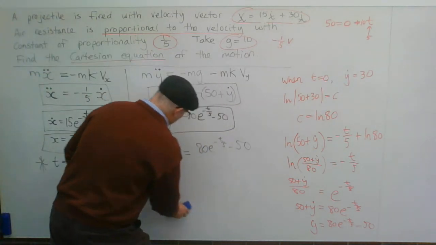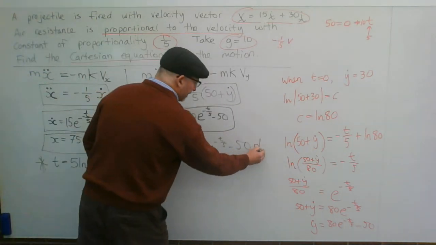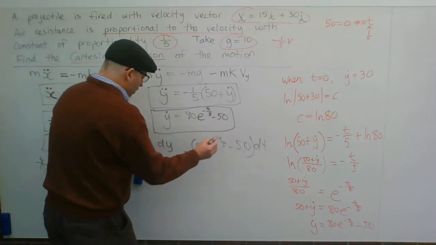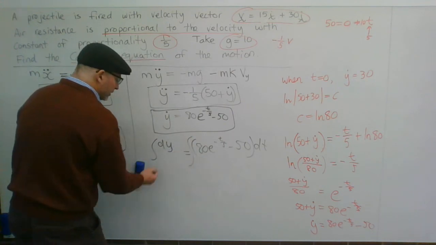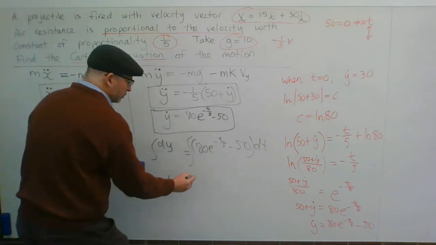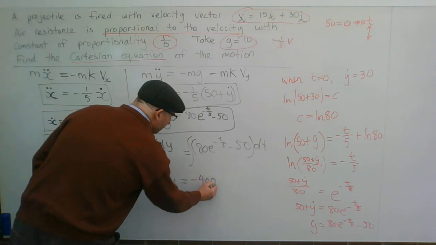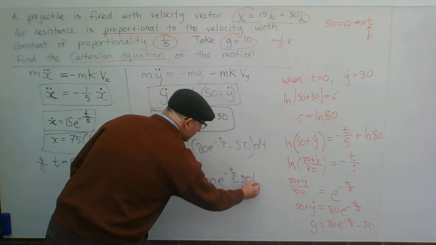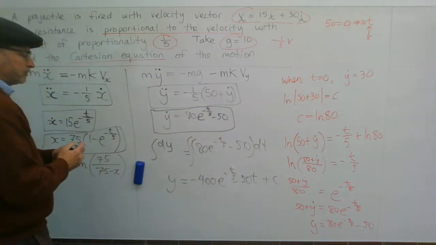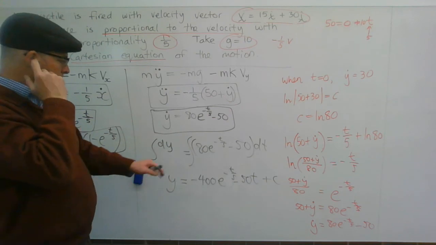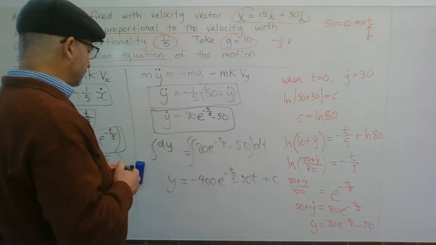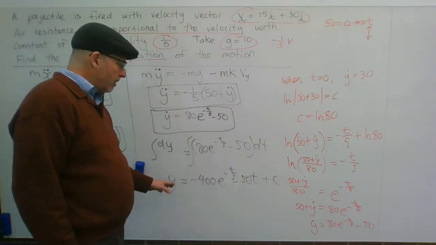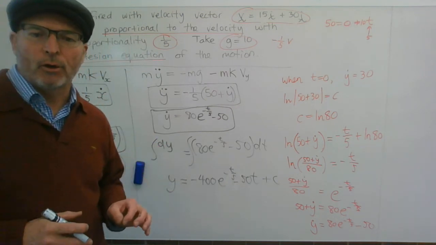So dy is equal to that side dt. So y, if I integrate, then y is equal to minus 400 e to the minus t on 5 minus 50 t plus c. Now, we took it so that it starts from the origin.